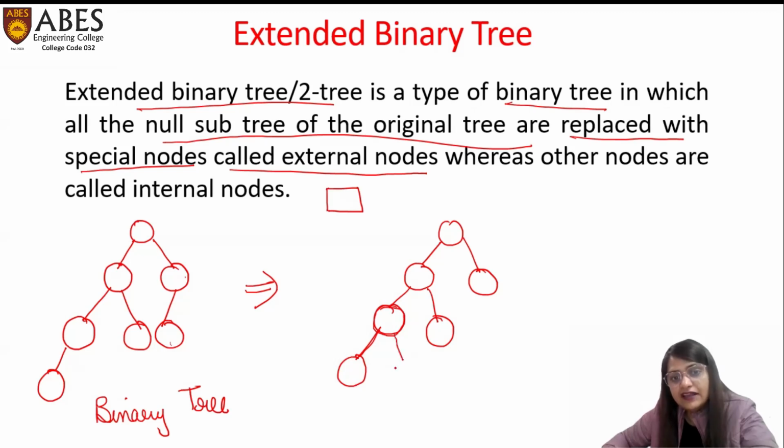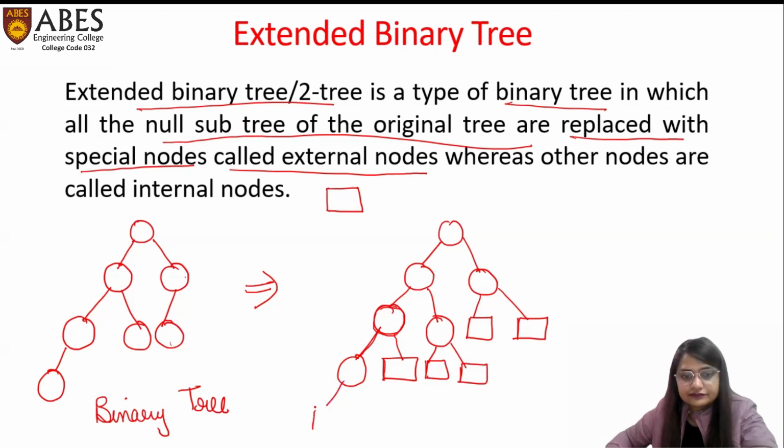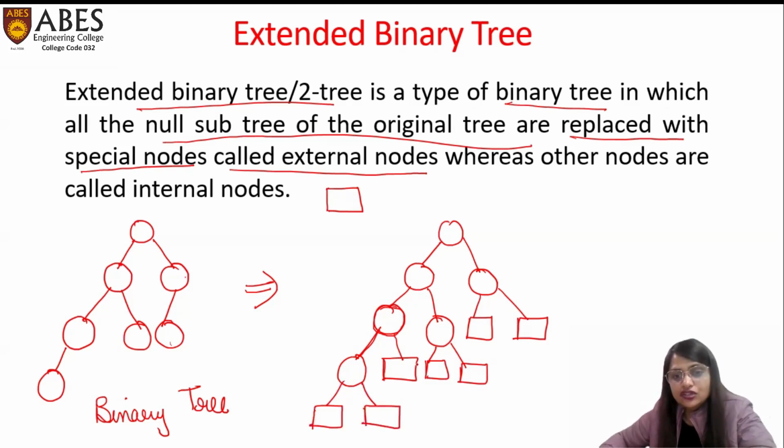That's why we will add some external nodes here, which are special nodes. We have to make it 2. Another, we have to make 2 children here because at the leaf node there should be only external nodes. That's why each and every node should have either 0 or 2 children.